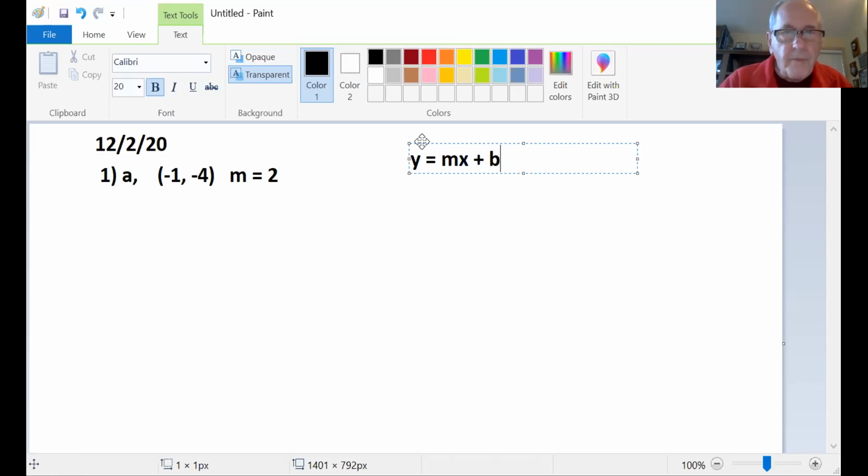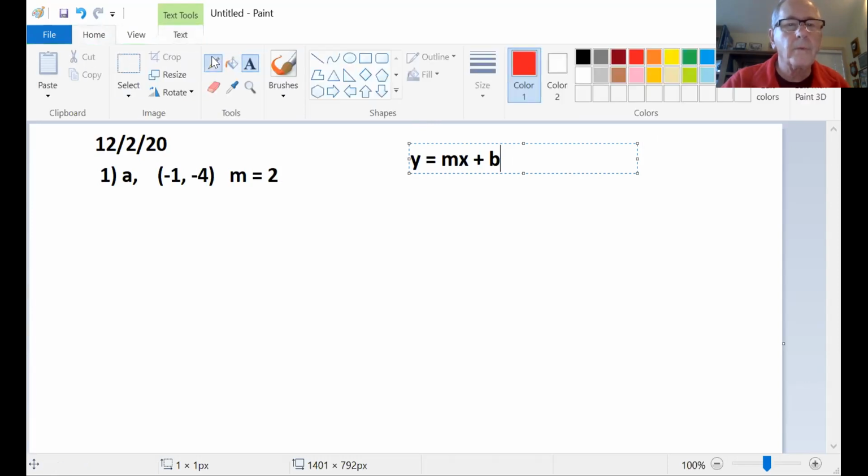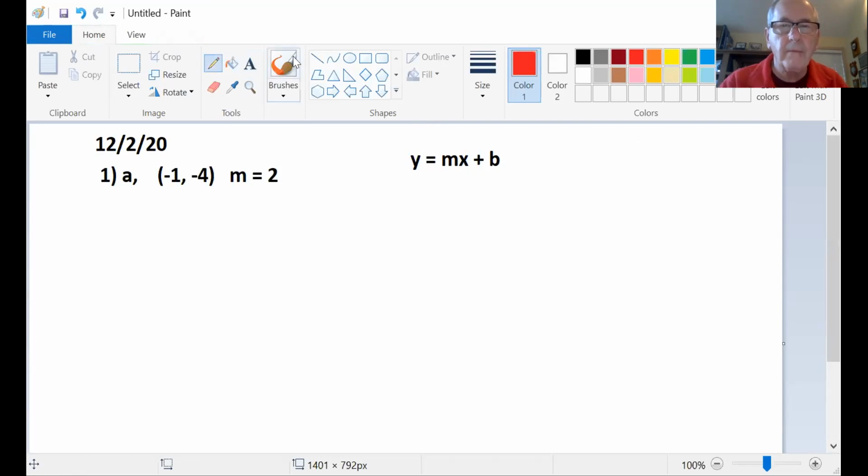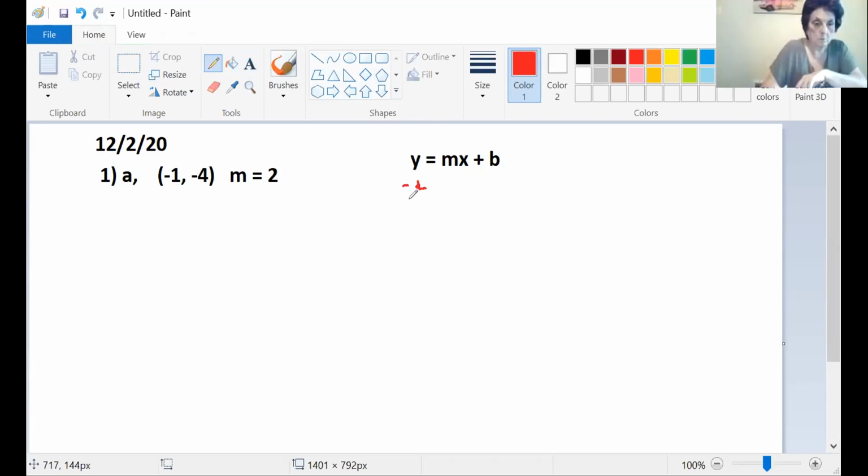So what do we have? We have a y value and we have an x value. I'm going to annotate at this point. So what I mean by that is this y becomes a -4, because it's -4 here.